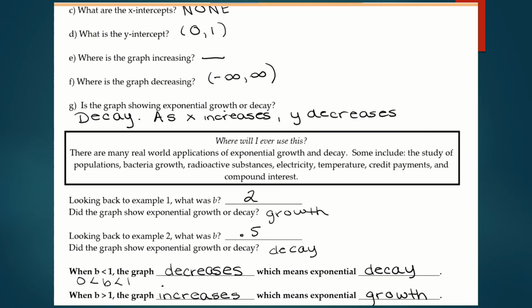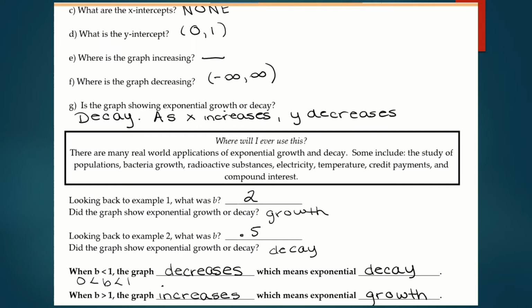All right, so one thing I want you to notice is this b value is very significant when it comes to the change that occurs with our y values with respect to each increase in x. So if you look back at example 1, and if you look at your table, what do you notice is happening with your y values? Remember, this is not a constant rate of change.